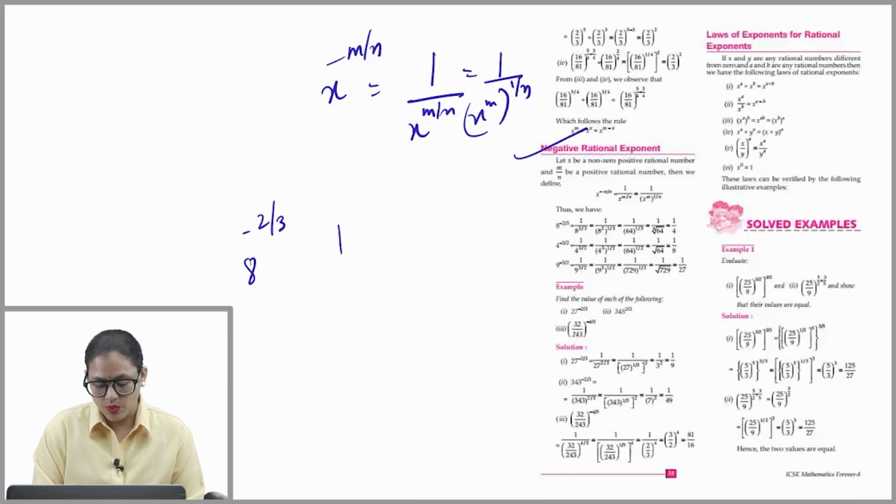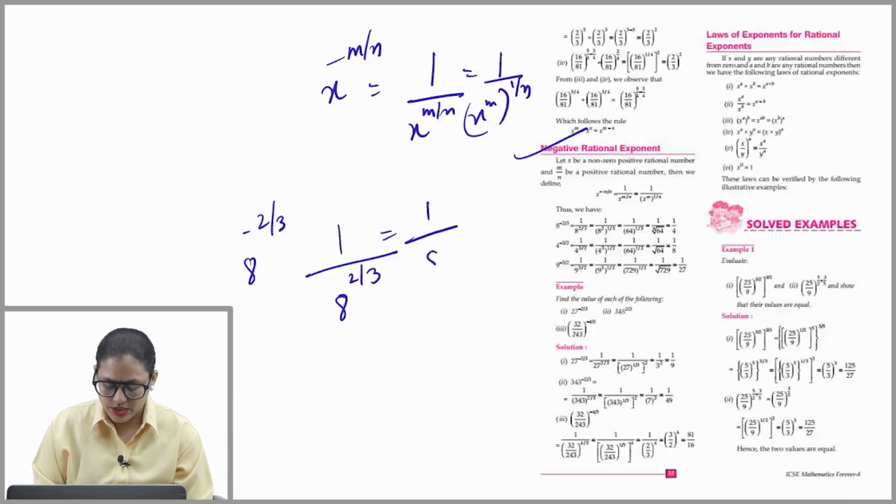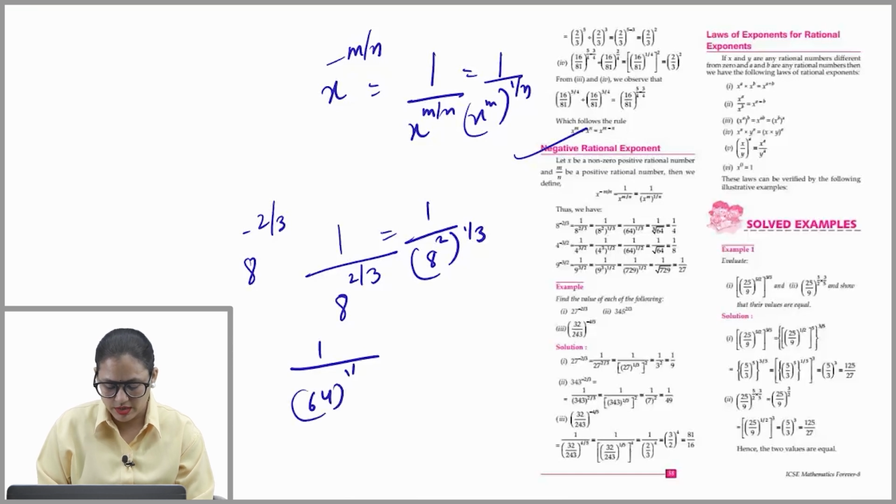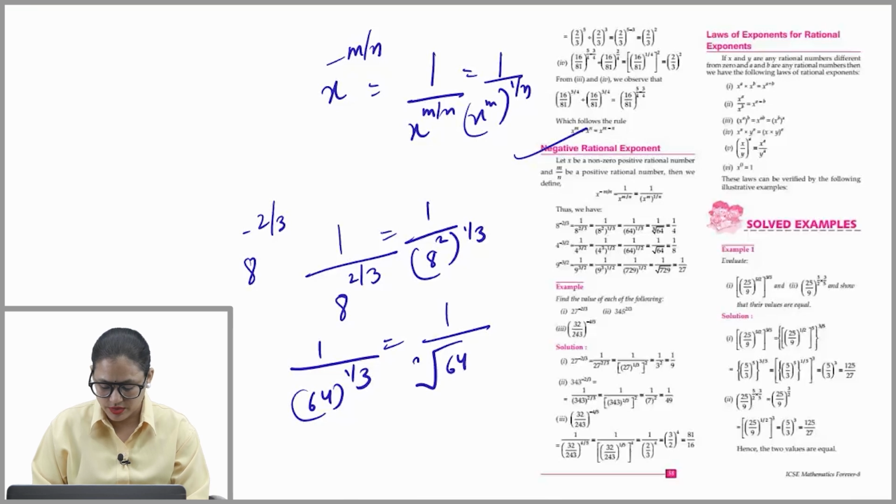We will write it as 1 by 8 raised to the power 2 by 3, which is equal to 1 by 8 raised to the power 2, raised to the power 1 by 3. Or you can also write it like 1 upon 64, since 8 raised to the power 2 is 64, raised to the power 1 by 3. Then 1 over the cube root of 64. 1 by 4 is the answer.